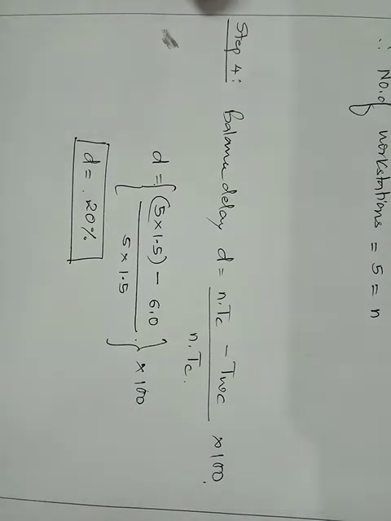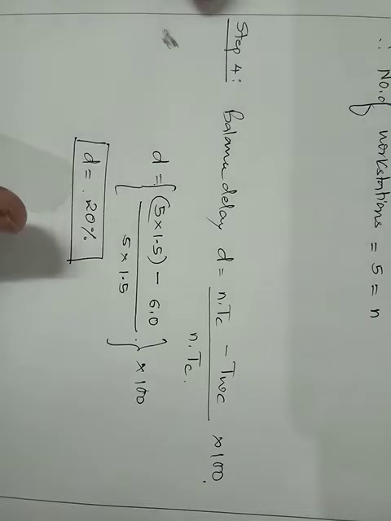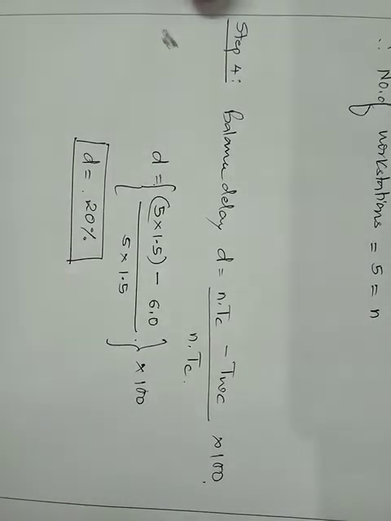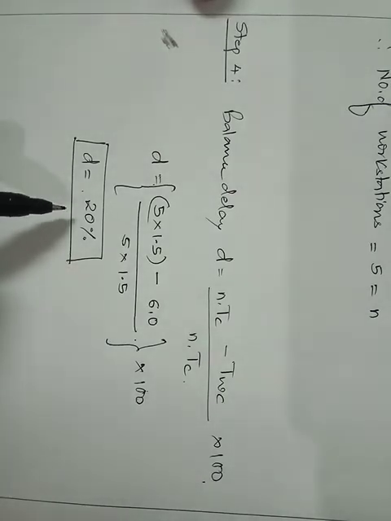What does it indicate? Balance delay simply indicates that even after doing all these things using the LCR method, after using 5 workstations, if you are getting a balance delay of 20%, it indicates that there is an imbalance in the line. It is not further possible to balance this line because of technological sequencing and because of some other delay in the line. I repeat, balance delay of 20%, you need to write this as a comment, so please follow what I am telling.